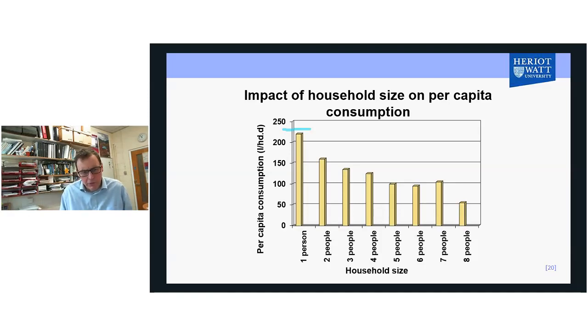But if you're in a household of 8 people, which is quite an unlikely scenario in the UK, you can see that your consumption is down to around 50 litres per head per day. And that's really because with more people in the house, you're sharing the water that you use for cooking, washing your dishes, washing your clothes, watering the garden, washing your car. If you've got 8 people in your house, you perhaps might have more than one car, of course. So there's lots of efficiencies of scale there.